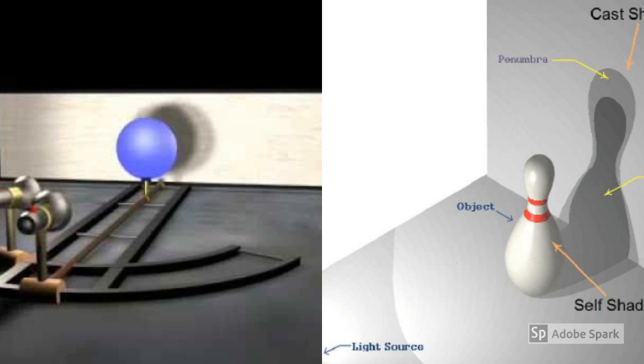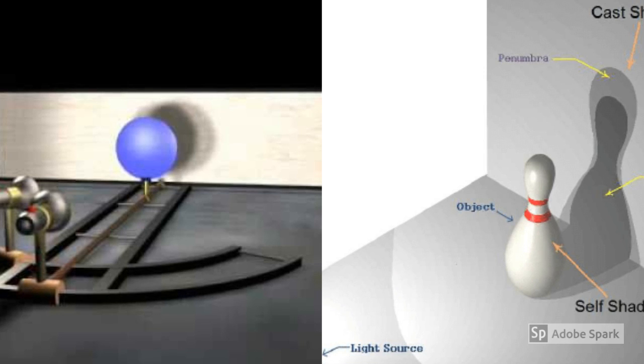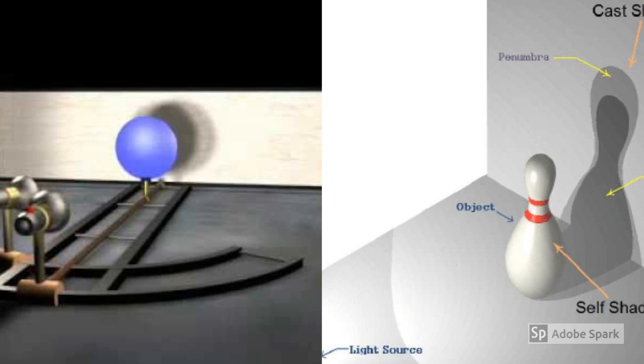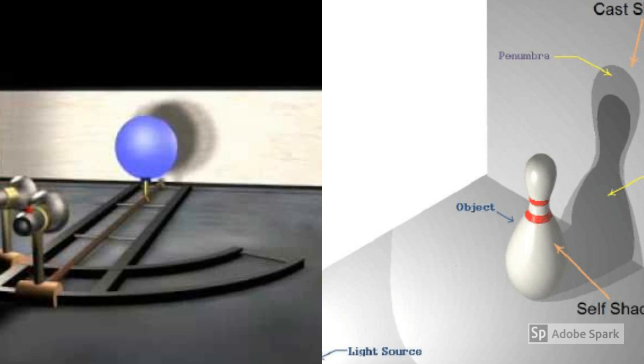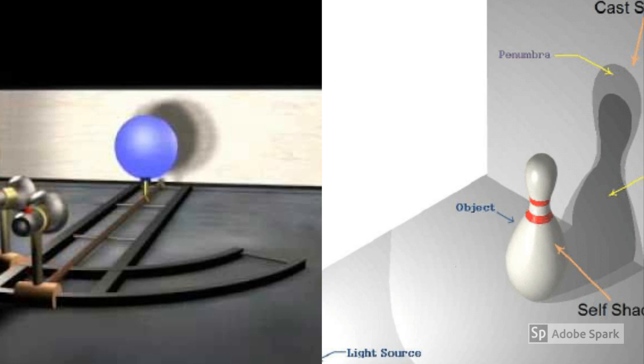If you've looked at any shadow before, you might have noticed, and if you haven't, then do it at home now and try it out, that any shadow has a very dark central part, and it has a lighter outer part. That dark central part is what we call the umbra, and the lighter part is called the penumbra. When a solar eclipse happens, the moon casts a shadow with the umbra and penumbra on Earth.